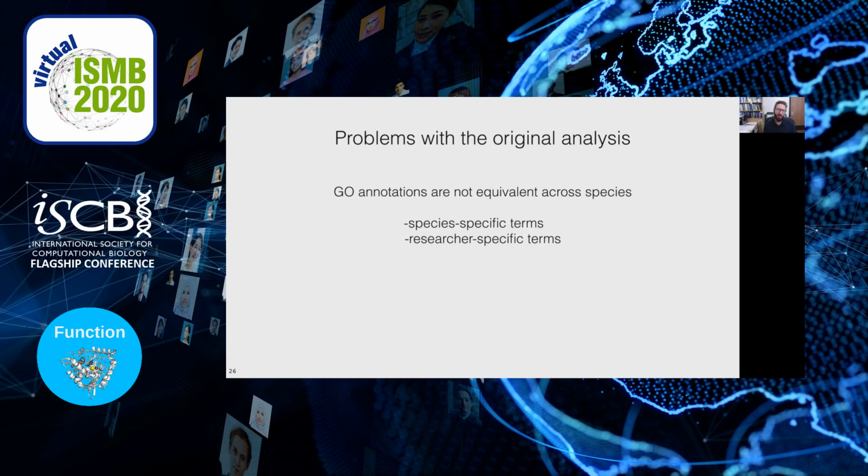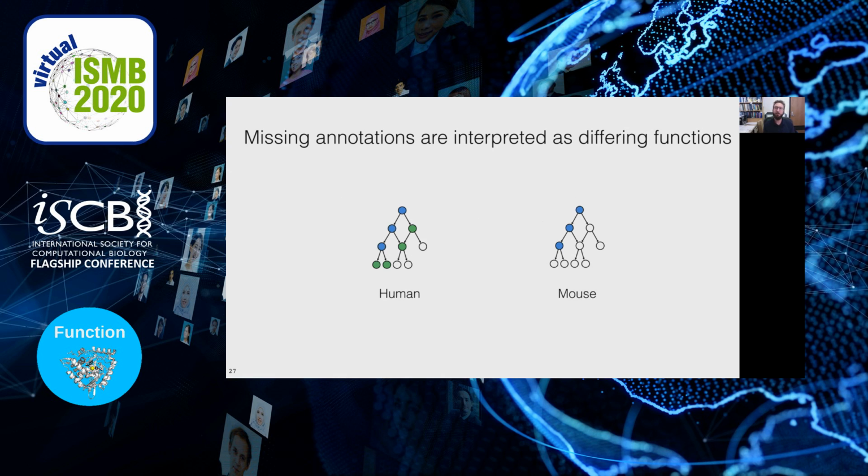The other interesting thing is that researchers also tend to use first a subset of terms. They don't know the entire GO vocabulary, but they also tend to study genes in the same species. And so they're more likely to annotate other genes in the same genome. And that's a problem because missing annotations are interpreted in the types of functional similarity we're using here as differing functions.